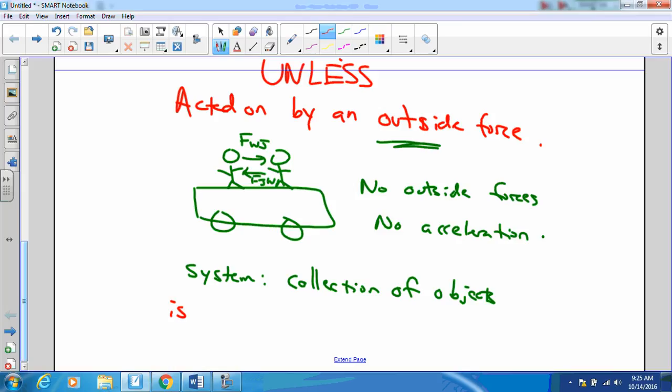An isolated system is a collection of objects that we can draw a dotted line around, through which there is no force.